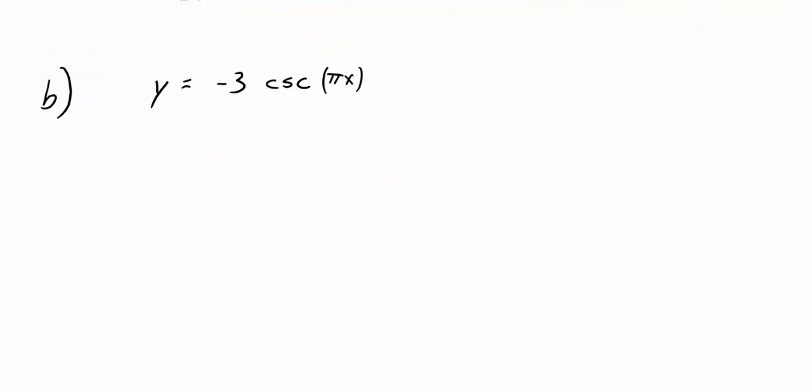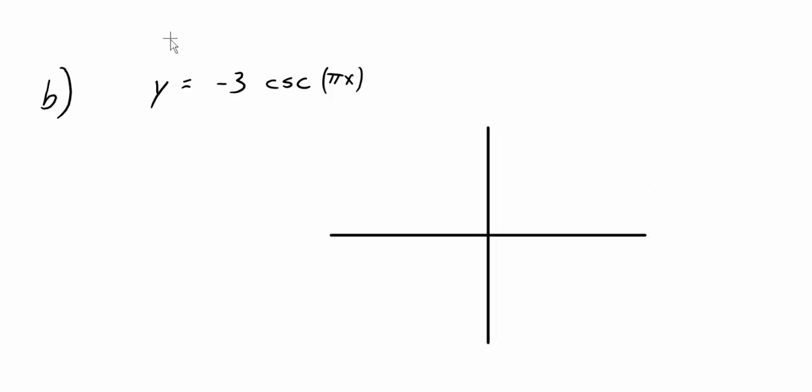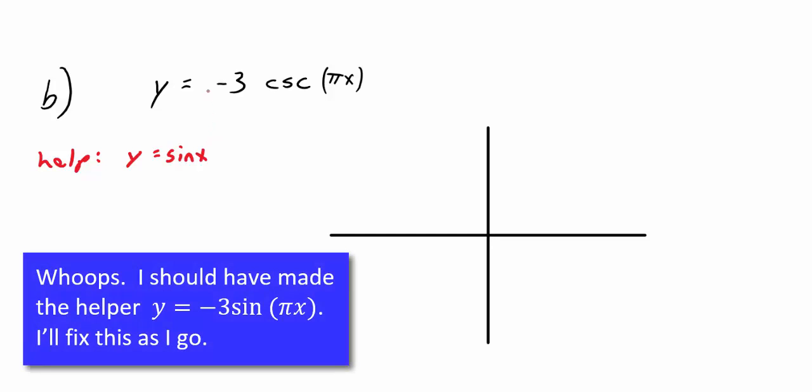Okay, so I won't be nearly as detailed, but I do want to show you guys this so you have it for your homework. What's the helper? Cosecant. Sine of x. Y equals sine of x. Now notice I deleted the negative.